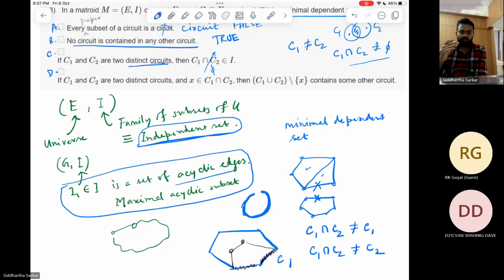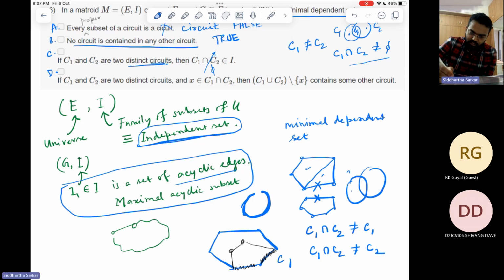So there is at least one element, like we draw in this diagram: this is C1, this is C2. There is either one element exclusive to C1 or one element exclusive to C2. So the intersection cannot encompass the whole of C2. One of these things will happen.